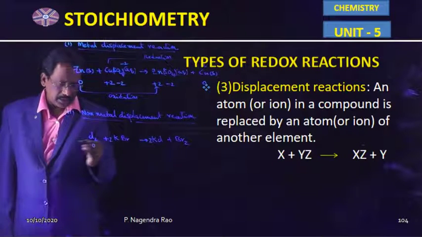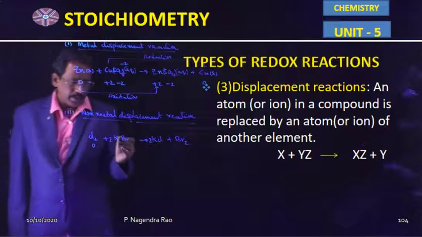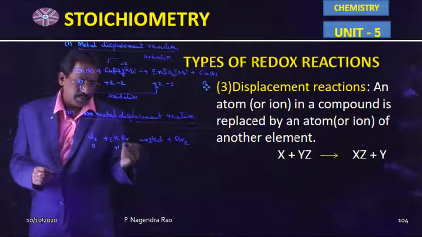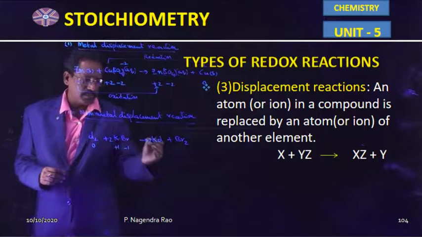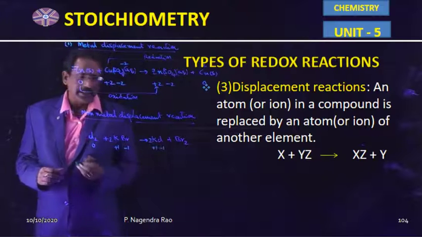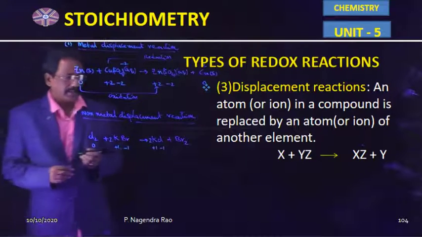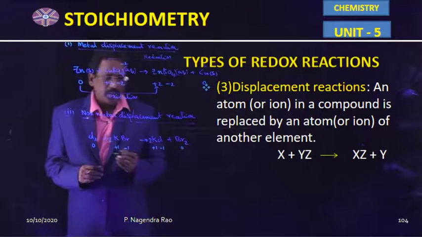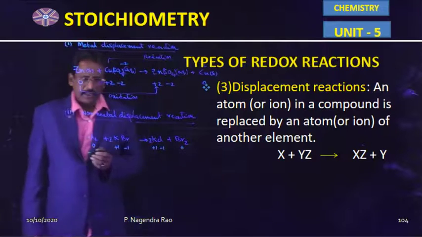Now chlorine oxidation state is 0. Potassium oxidation state is +1. Br oxidation state is -1. In KCl, potassium oxidation state is +1. Cl oxidation state is -1. For Br2, oxidation state is 0.